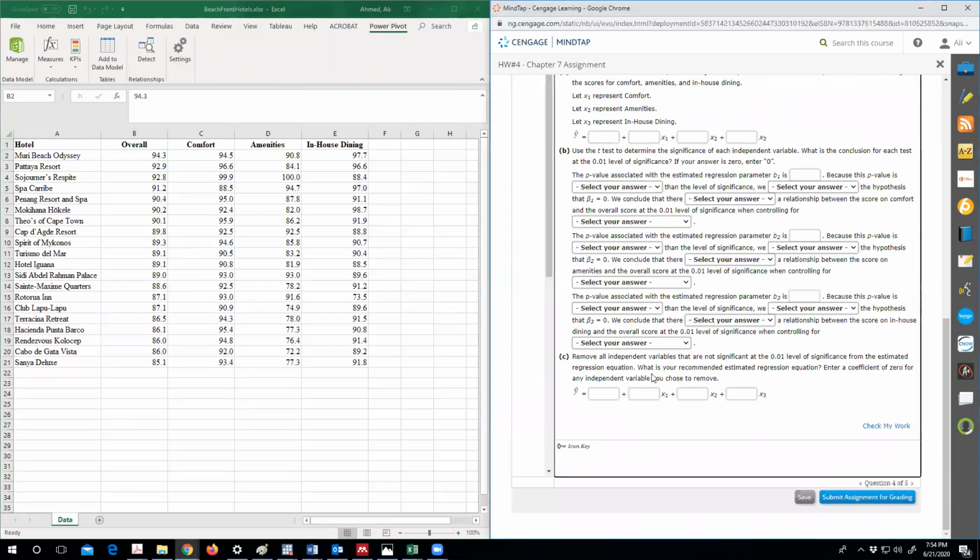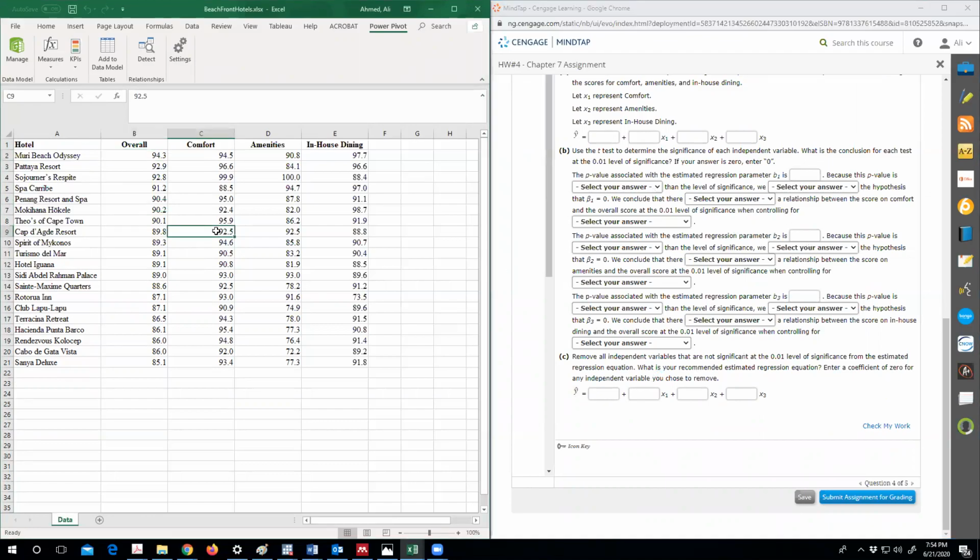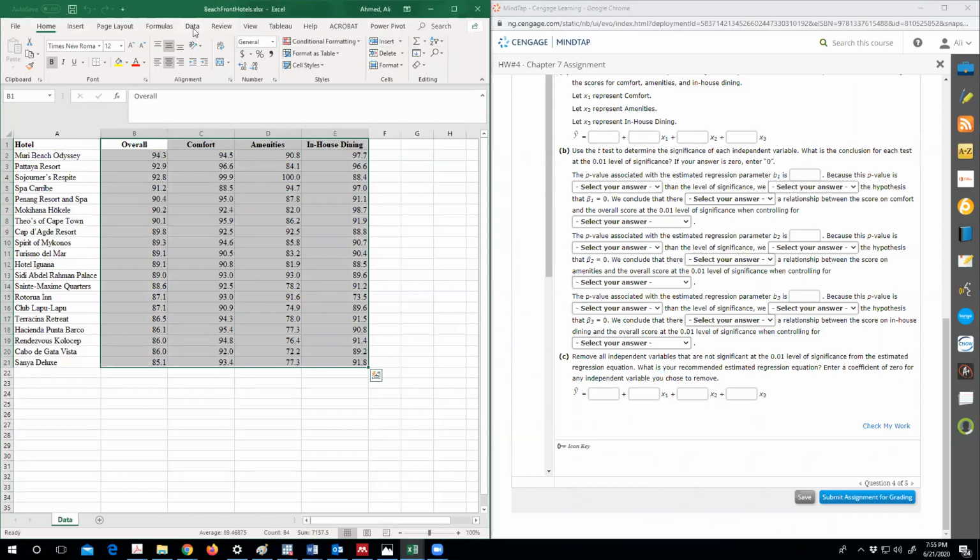Do you want me to go over this section? You said it's like the 95 percentile for B1, B2, like the estimated regression parameter. Yes. So I shouldn't have to review that then.